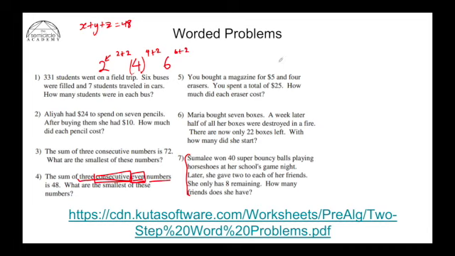Yeah. So, if my first even number is x, then the second consecutive even number would be that first even number plus 2, and then the next even number would be this even number, x plus 2, but then you're adding another 2.